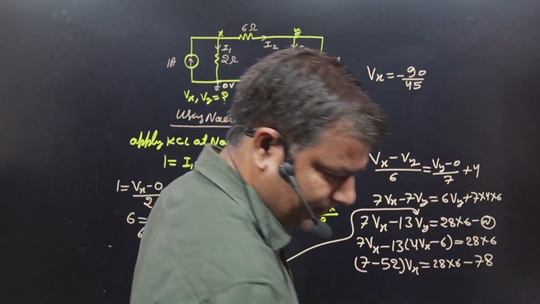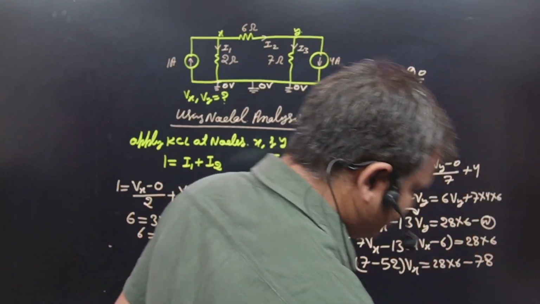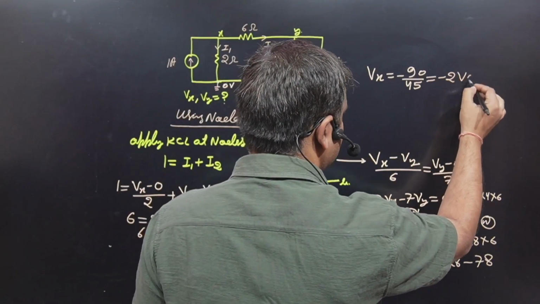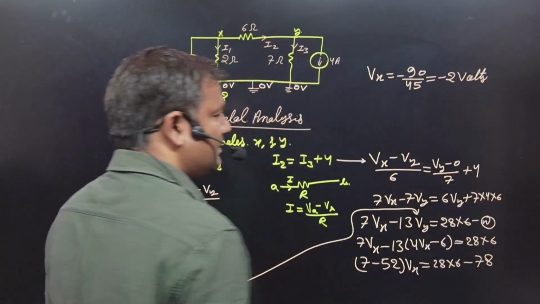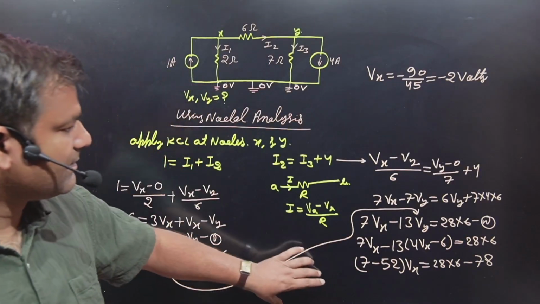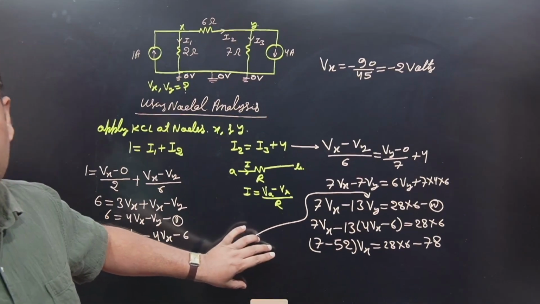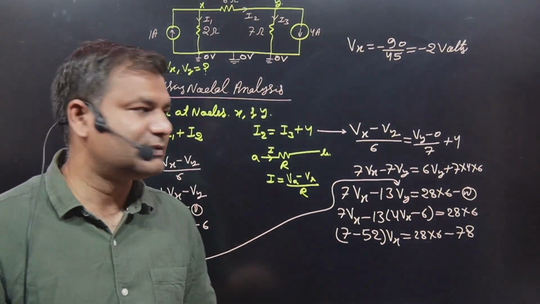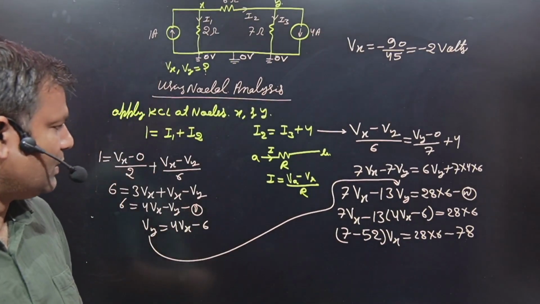So Vx equals minus 2 volt. I hope that is clear. Vx is simply minus 2 volt.